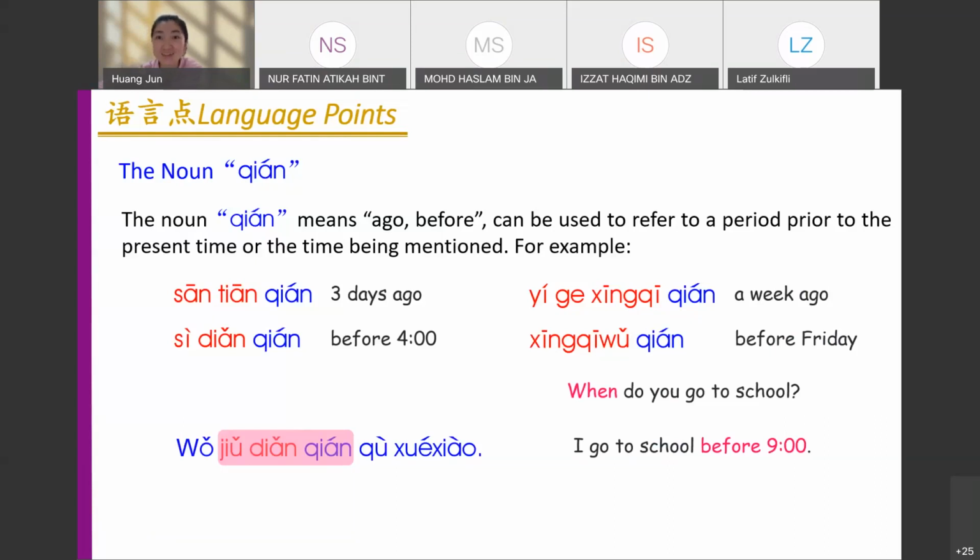Very good, 什么时候, right? So can you ask the whole question? This is the answer, 9点前. I need you to put your question word here. Step 2, change 我 into 你. So how do you ask the whole sentence?